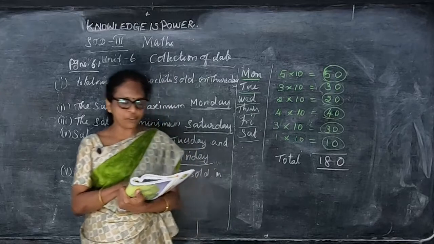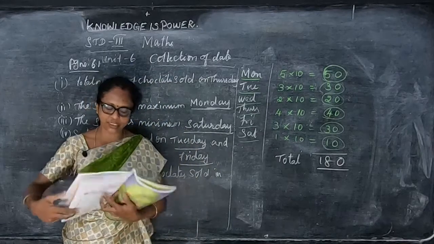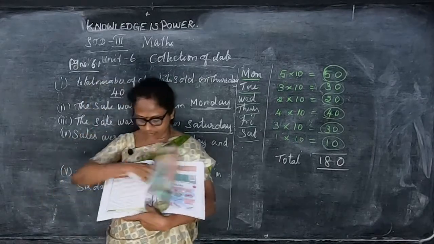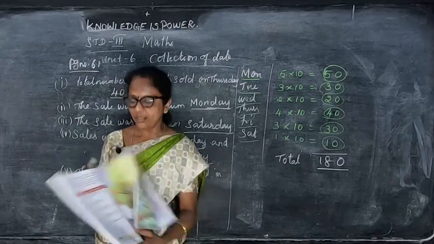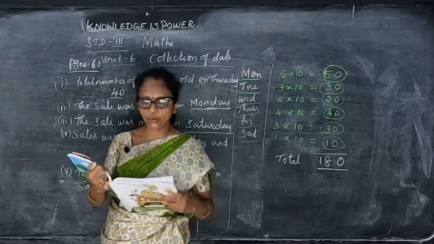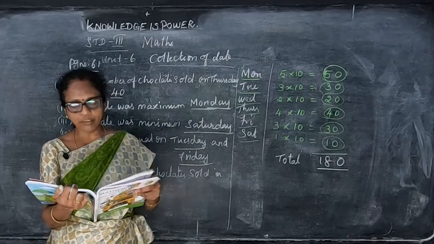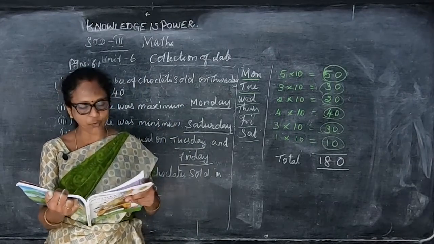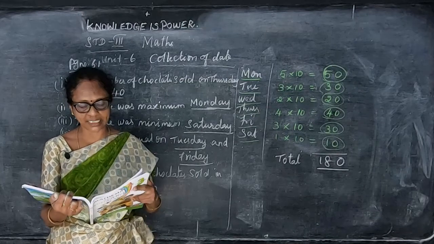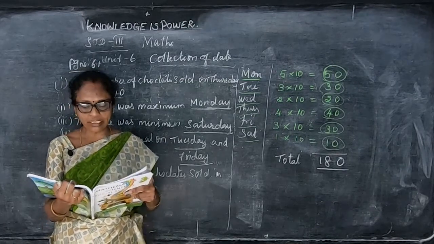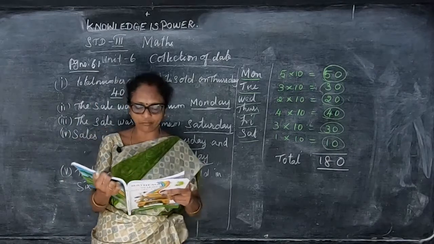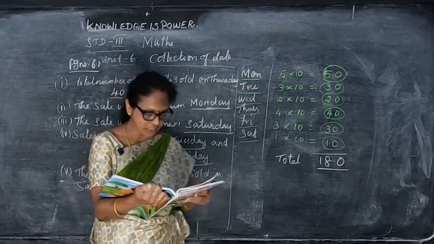The graph below shows the number of children in your school. See here, they have given the graph, the number of children drawn and given here. Take page number 62. Studying in the classes 1 to 4. The number of girls studying in 1 to 4 of a school are 14, 10, 16 and 13. Draw the graph, discussing with your teacher, a number of boys studying in classes 1 to 4.